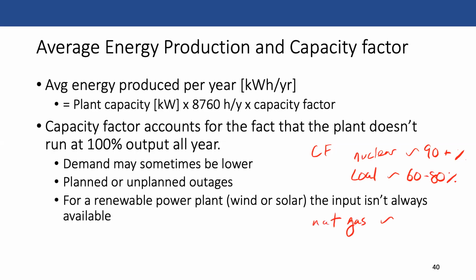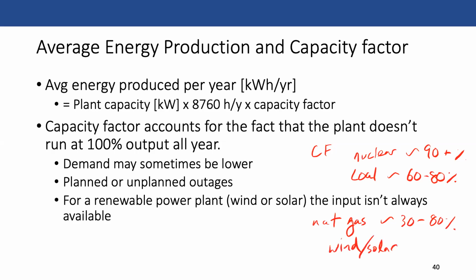These guys will operate very widely. There are some plants that are on quite a lot. There are some plants that are on not very often. And so on average, these guys are going to be anywhere between 30 to 80%, something like that.